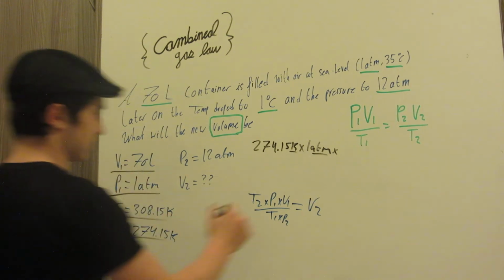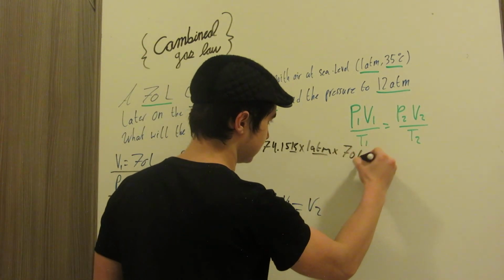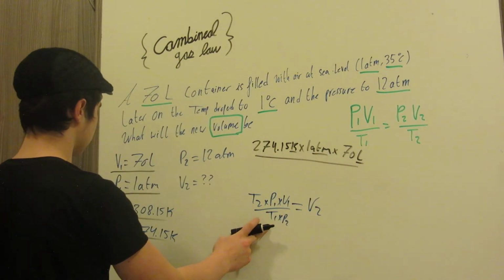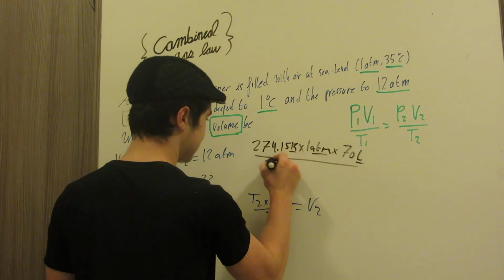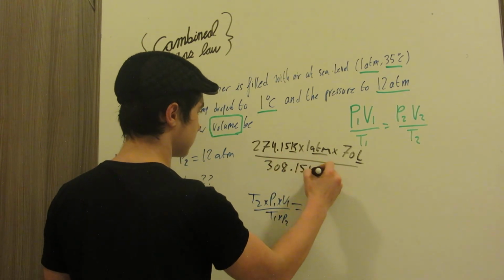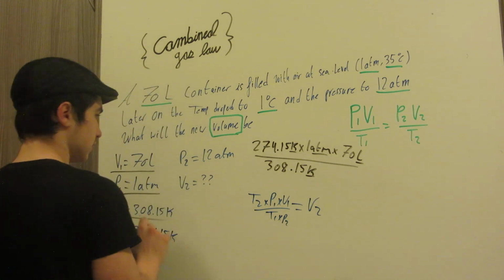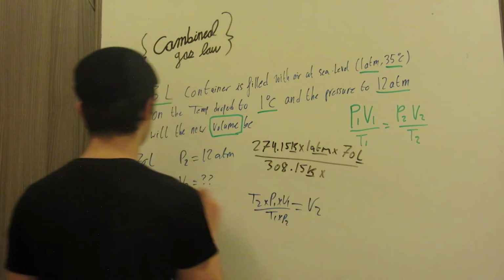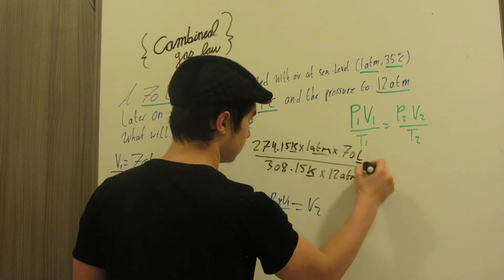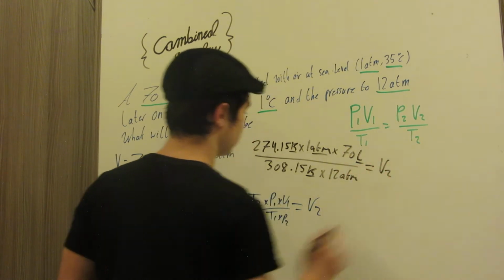V1 is going to be 70 liters. Over all of that, we're going to have T1, which is going to be 308.15 kelvins, another dash, multiplied by P2, which is given as 12 ATM. And that all equals V2.